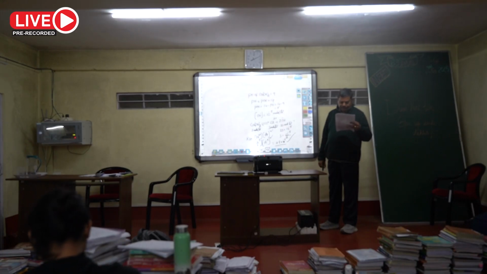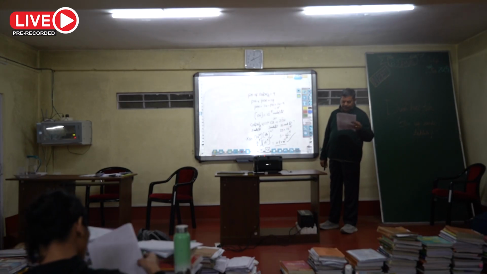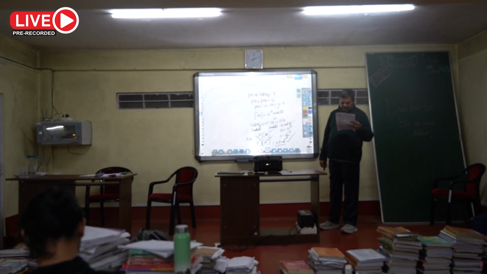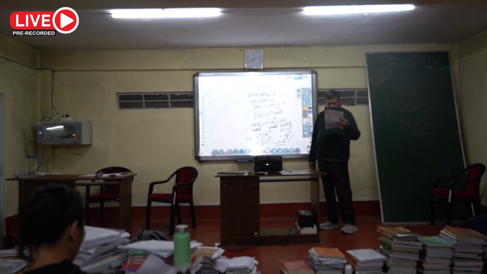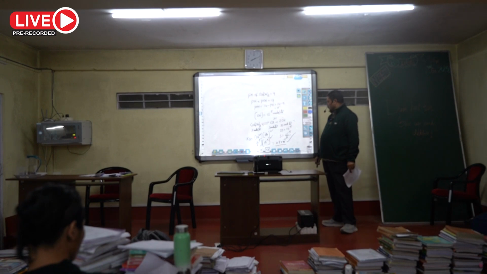Next question. The rate constant for a first order reaction is K. The time required for the completion of 99% of the reaction is given by.